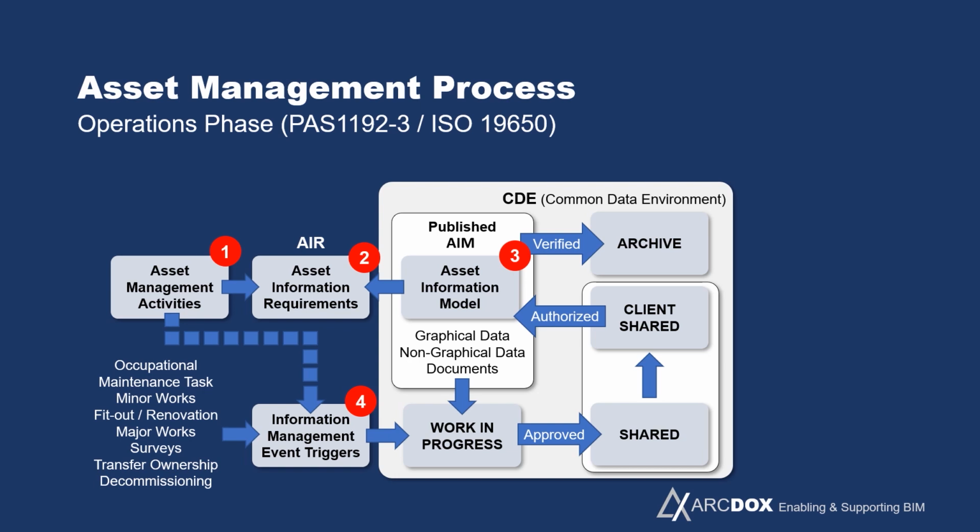But if you carry out this process every time something happens to the building that could change the information, that means the asset information model will always be up to date, and it will always reflect what's physically out there on site.